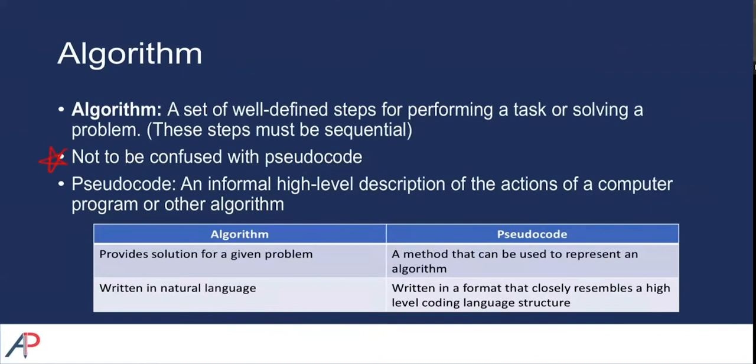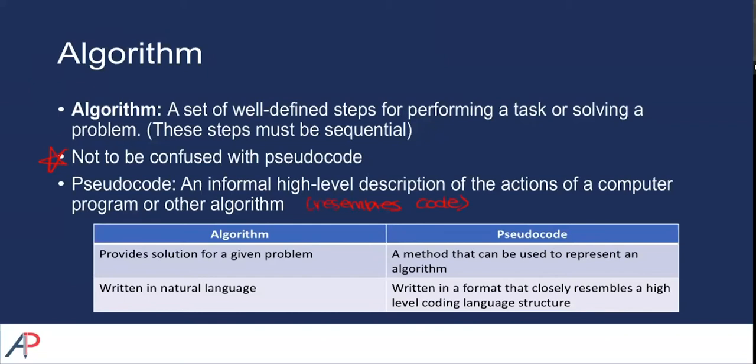It's an informal, high-level description of the actions of a computer program or other algorithm. So it's a way for you to represent an algorithm that resembles code, but it's not actually code.